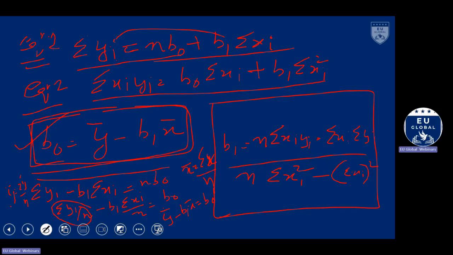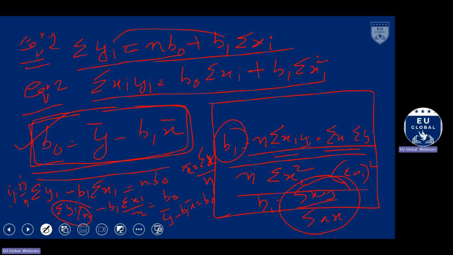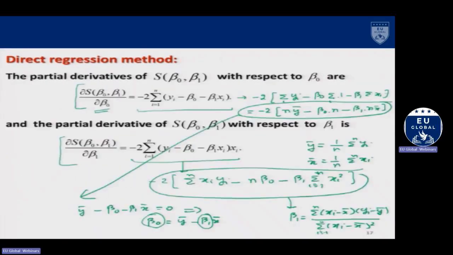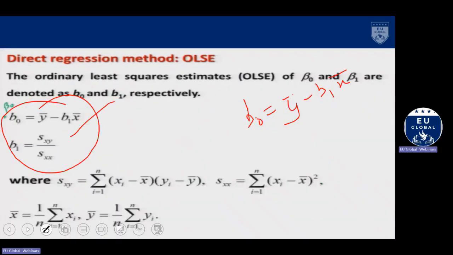Similarly, the value of b1 becomes Sxy upon Sxx. So you can see that b naught is equal to y bar minus b1 x bar, and b1 is coming out to be Sxy upon Sxx.